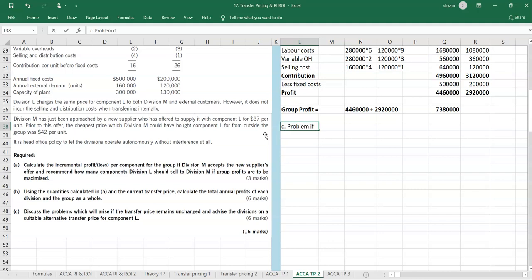Problem if transfer price is unchanged, and another would be advice on the suitable alternative transfer price. Okay, so these are the questions here.